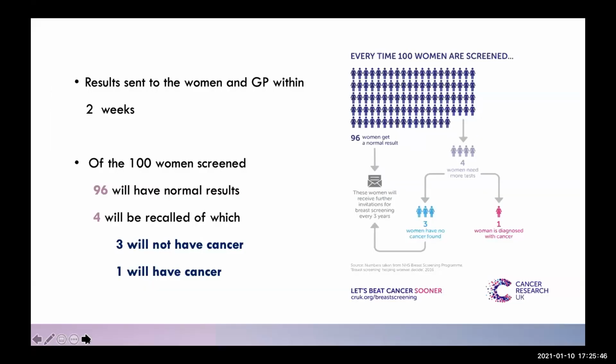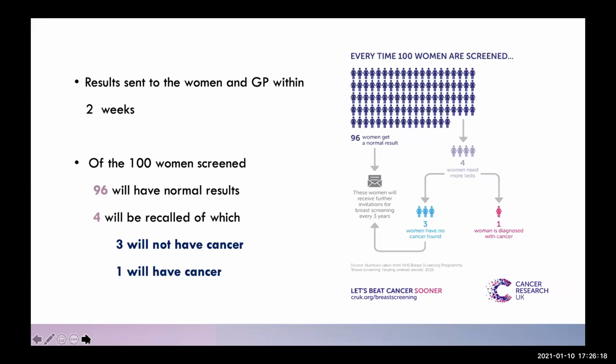About screening, once a lady attends, she has 2 mammograms on each side, which are looked at by specialist radiographers and a consultant radiologist. The lady is notified about the results within 2 weeks of having the mammogram, and the results are also copied to the GP. Just for everyone to have an idea, out of 100 women that we screen, 4 will be invited to the screening assessment unit.